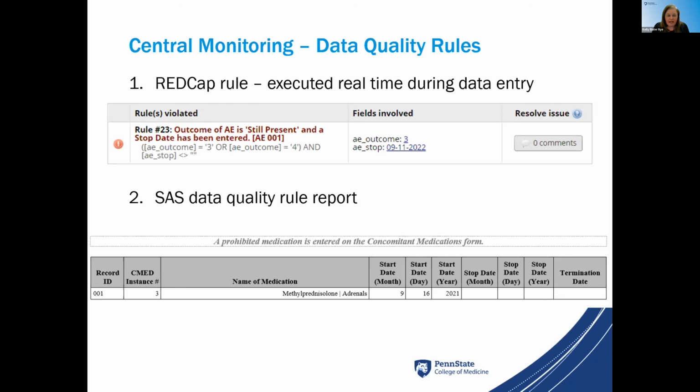So this would flag the error for the research coordinator to investigate. They would verify that they're in the right AE to add the stop date. And if that's correct, they would then look at the outcome to verify if that needs to be updated for this adverse event. And they could correct this at the time of data entry, and then that would be resolved at that point.